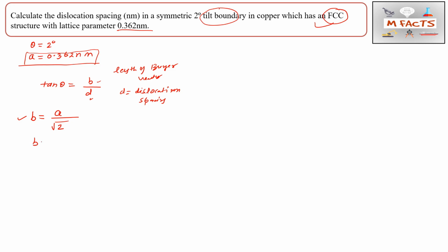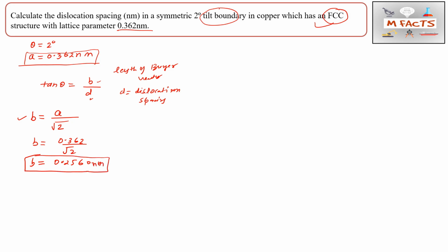We find this Burgers vector along the slip direction. So B equals a by root 2, where a is 0.362, divided by root 2. So from here we can get this B value, which will be 0.2560 nanometers. Every time we will use this B value in each and every formula.